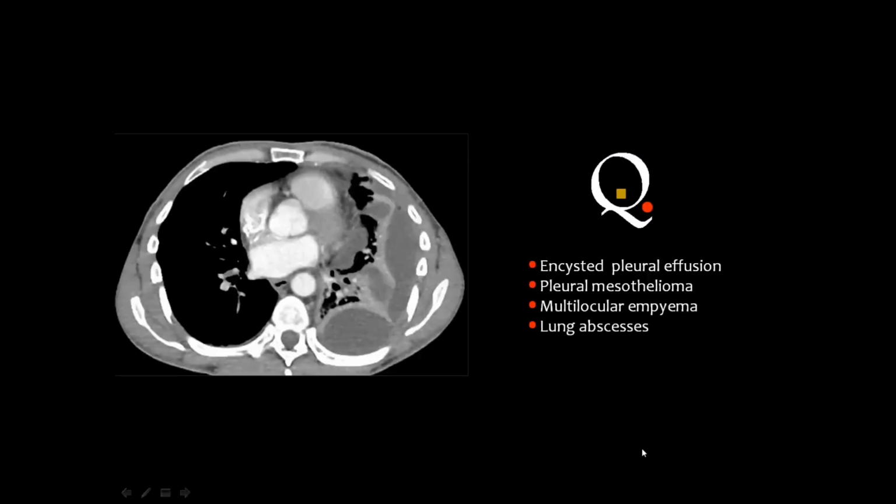Next case, the CT scan post contrast, and these are the possibilities: encysted effusion, mesothelioma, multilocular empyema, lung abscess. Empyema. Okay, multilocular empyema, very good.